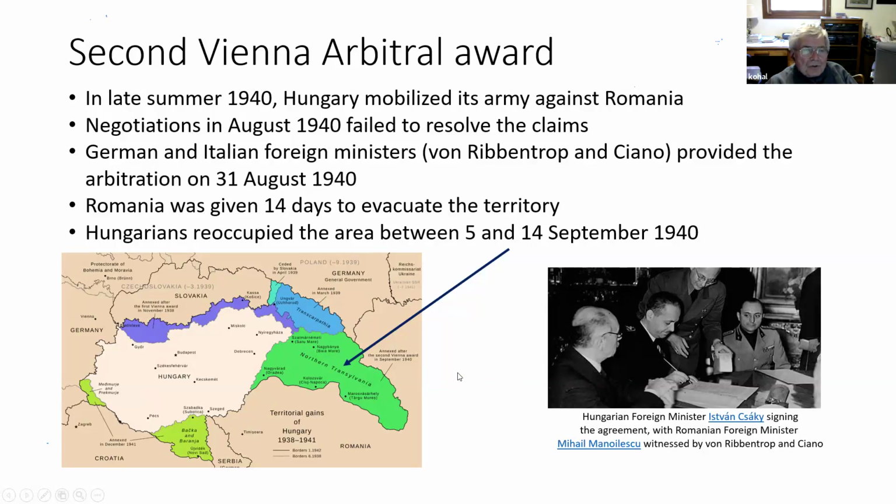And I read a book, a while ago, that said that the location of the railroad lines was the main reason that the borders were drawn the way they were drawn.